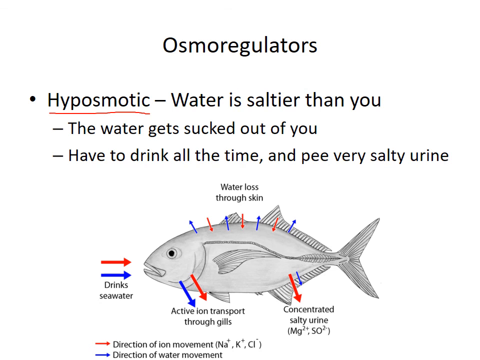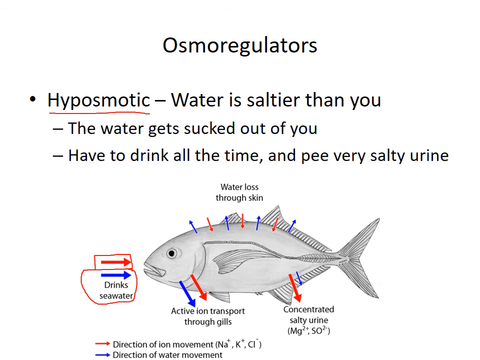In order to avoid that happening, these saltwater fishes and other organisms that have a low internal concentration of salt relative to the surrounding fluid need to drink a lot of water to replace the fluids. The only problem is that as they're drinking a lot of water, they're also getting a lot of salt with that. So they need to get rid of a lot of salt even as they're drinking a lot of water.